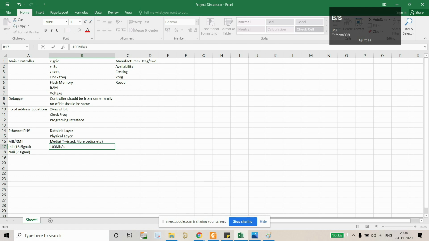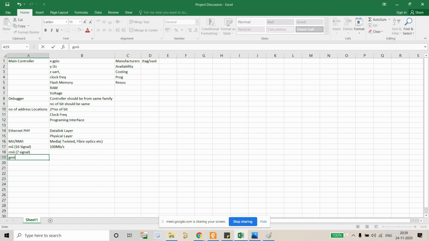Okay. Again, we have other terms that we use. It is a very advanced interface, and we can transfer up to gigabits per second through that interface, right? So it has GMII, you can say. So here we can transfer up to gigabits per second, right?